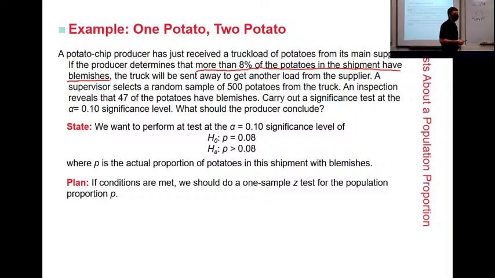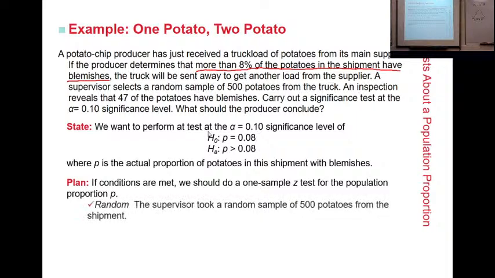All right. Conditions, I'm going to go quick. Random. Does it say we have a random sample? Yes, it does. It says we have a random sample of 500 potatoes from the truck. Normal.